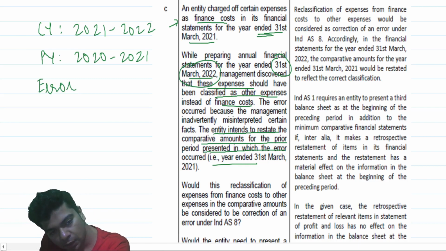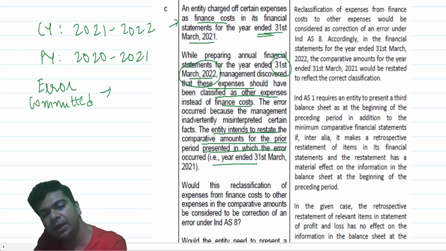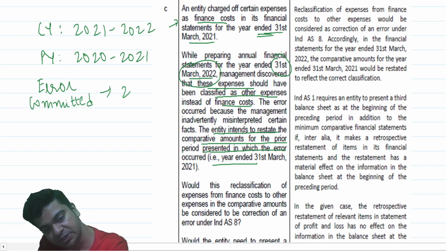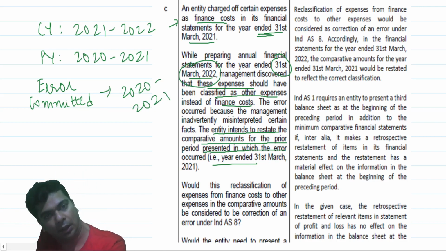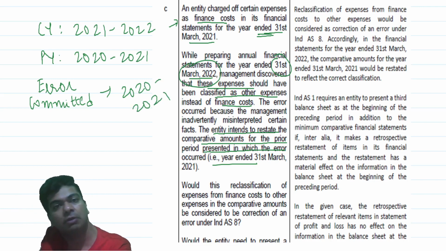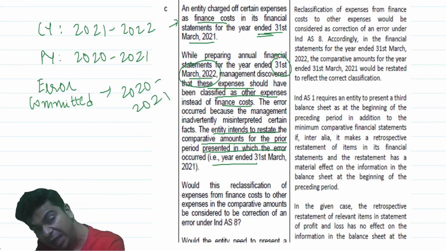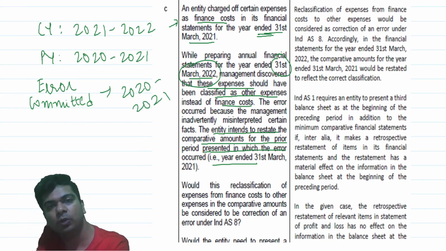Okay. An error is committed by us in the year ended 31st March 2021. That means it is the year 2020-21. The error is committed in the previous year. For the previous year, I will provide comparative information. I will restate the comparative information.